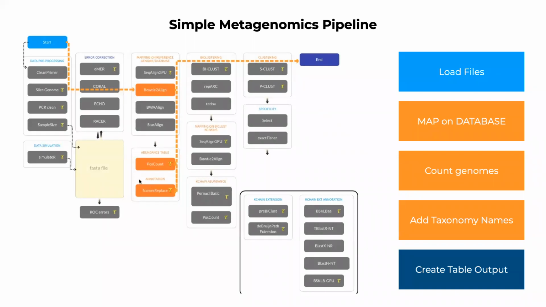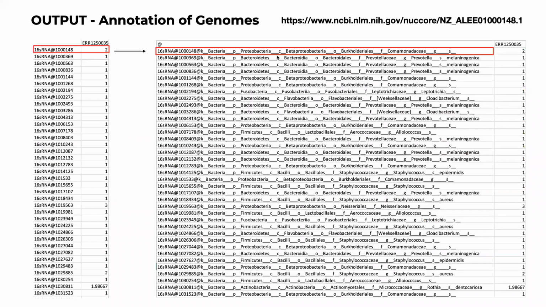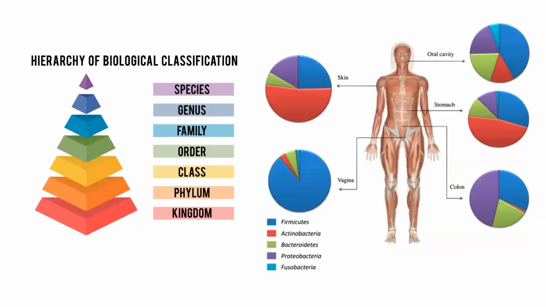So the analysis is very simple. As a result, you have this type of an output, and this type of an output really shows you different levels of taxonomy that now you can compare within a sample or between samples. So between samples will give you an idea of how these samples compare to each other. As a result, based on different levels of taxonomy, these are some of the findings.